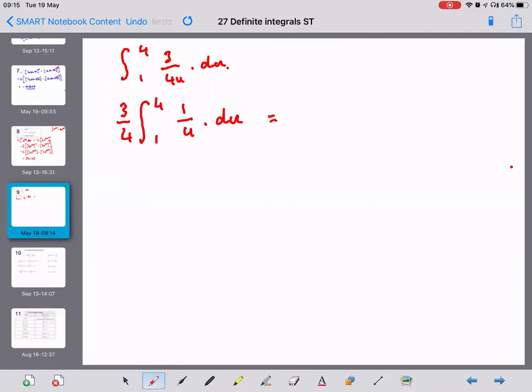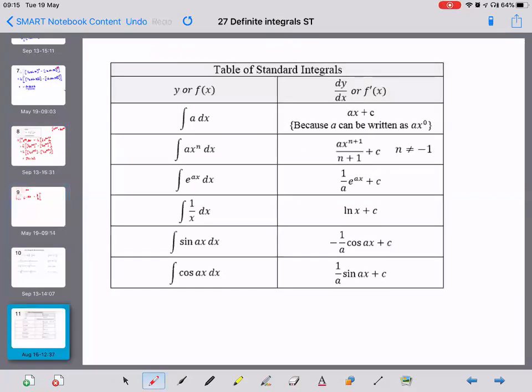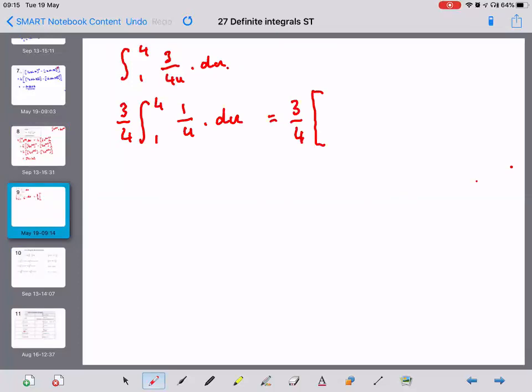That equals the 3/4 outside the brackets times, and if we integrate 1 over a variable in a table, we get ln. So integrate 1 over x, we get ln x. So this is 3/4 of ln u between 4 and 1.